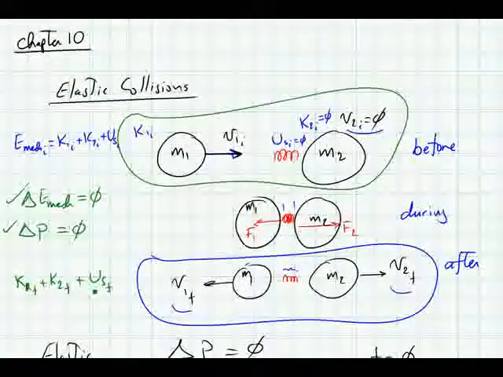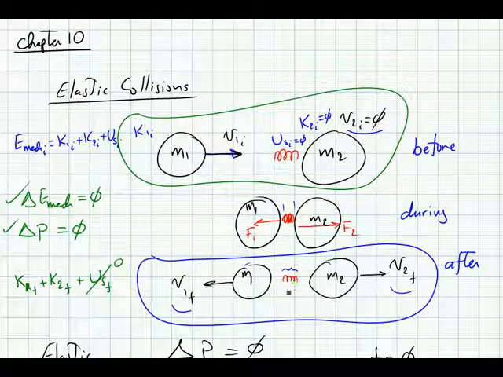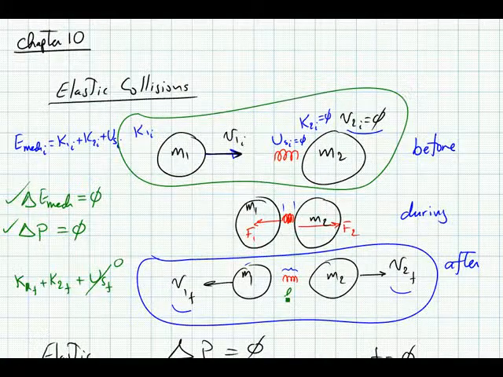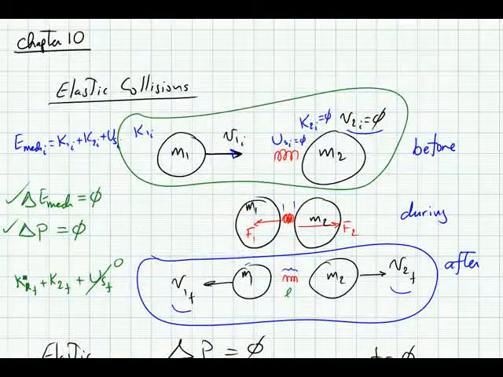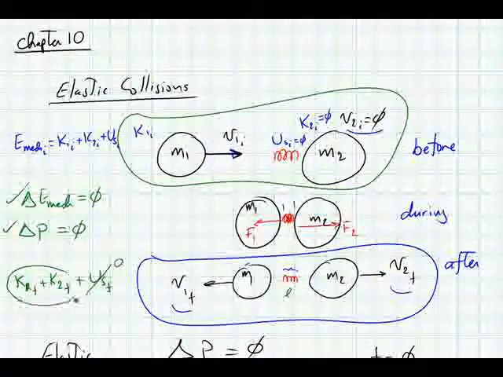But again, US final is 0 because the spring returns to its unstretched length. So this is the unstretched length of the spring. So the spring energy is 0, which means that the sum of the kinetic energy initial is equal to the kinetic energy after.